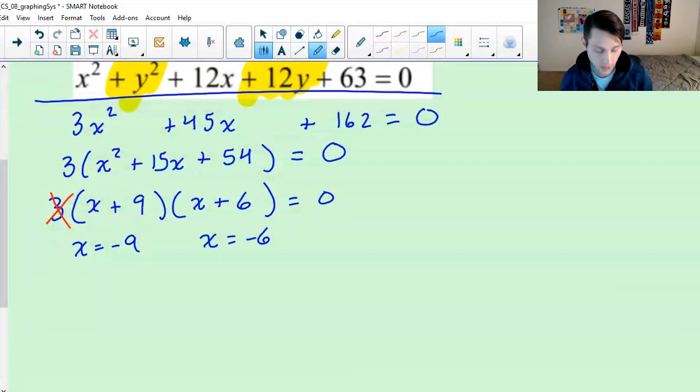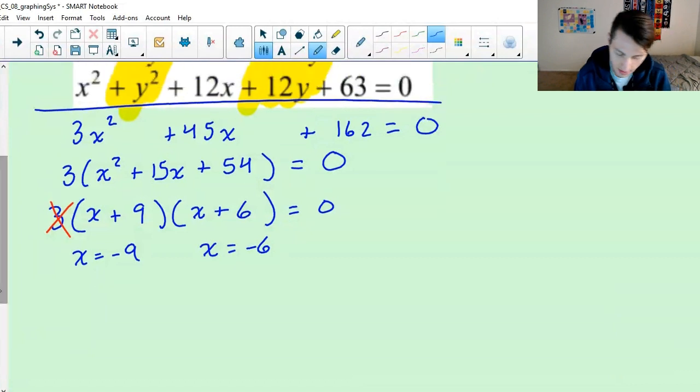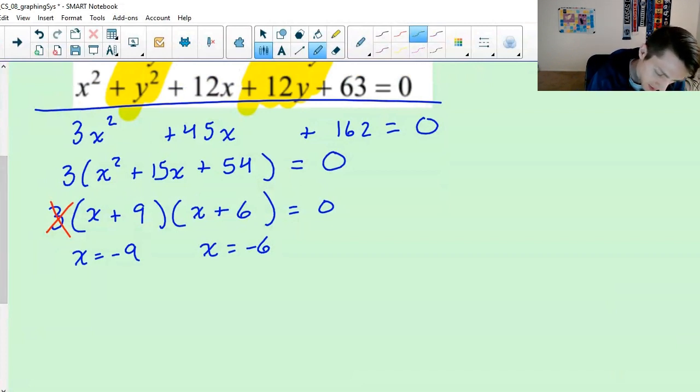I'm seeing different positives and negatives where they're not there. It's terrible. Okay. So if I actually factor, I get x plus 9 times x plus 6. I actually feel confident this time, but that should do nothing to assure you. Okay, so I'll go ahead and plug in negative 9.